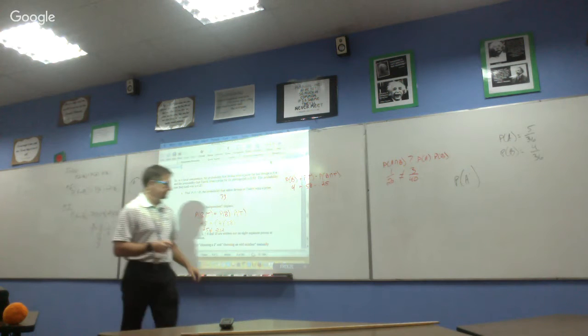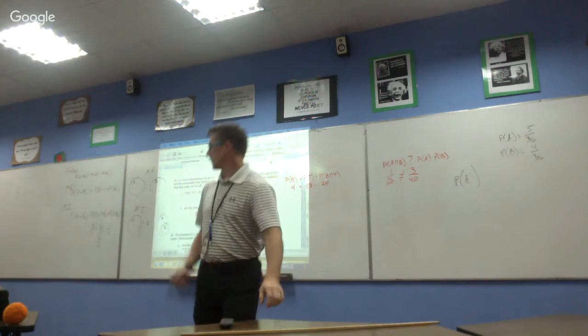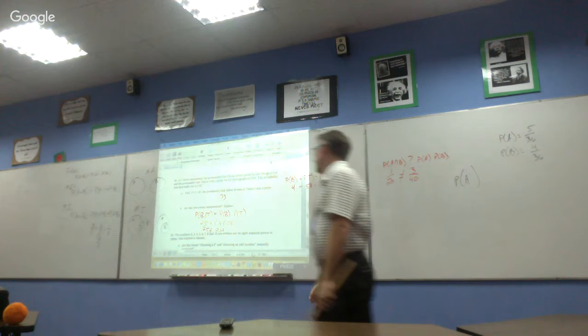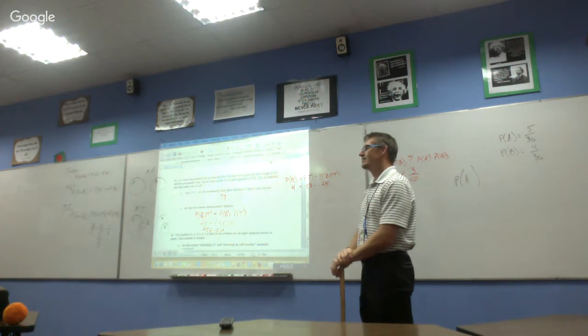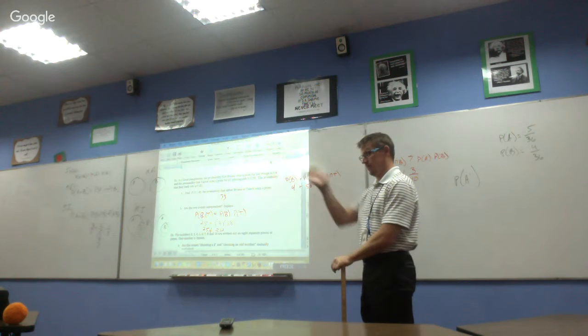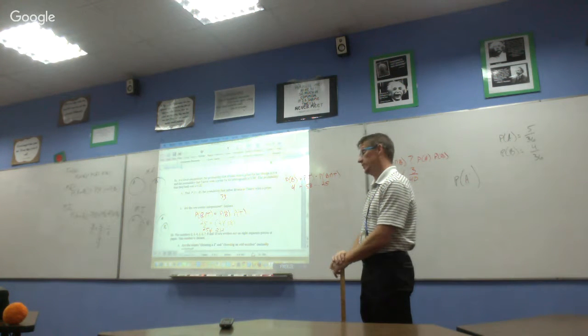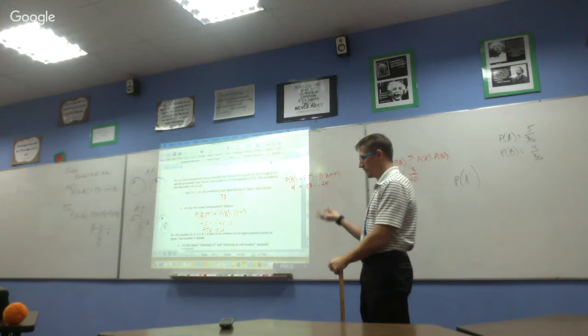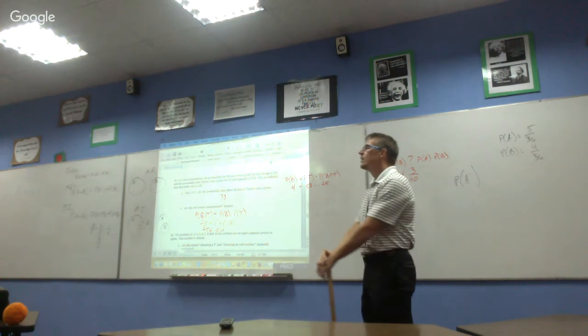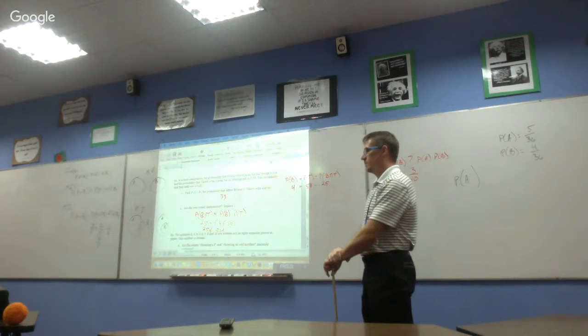The 0.249. 0.249, technically, if you're rounding to two decimal places. Well, it would depend on the significance that you use. If you're looking at 2 decimal places or 3 significant figures, you're not going to see that on the test.